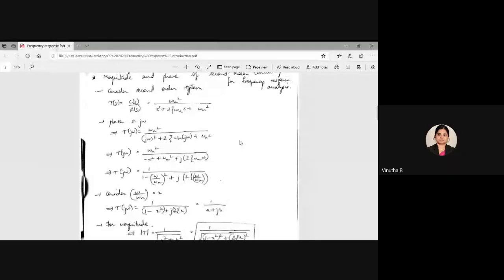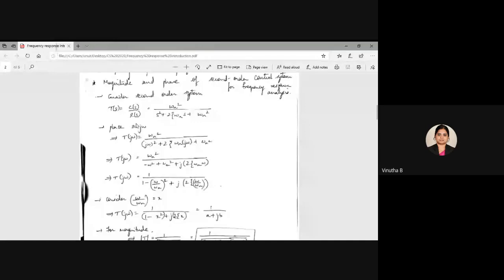Okay, so consider that. And what is the first step here in frequency response analysis? You have to replace wherever s is there with j omega. So take this as T of j omega, which is equal to omega n square divided by j omega the whole square plus 2 zeta omega n into j omega plus omega n square. So what is this?